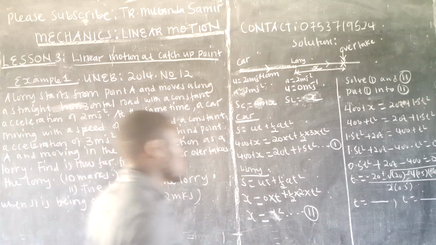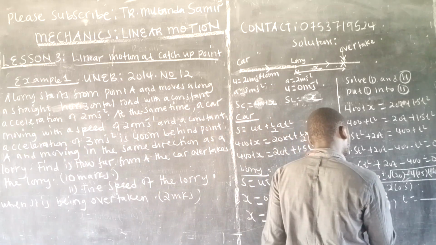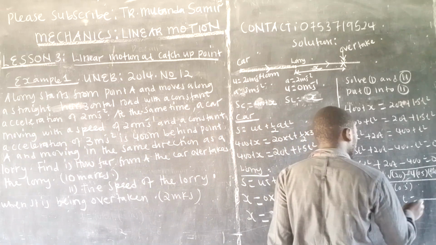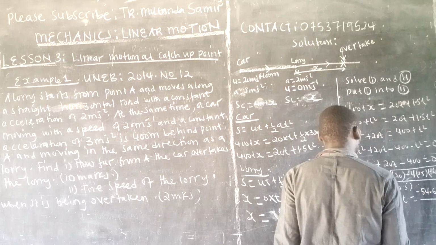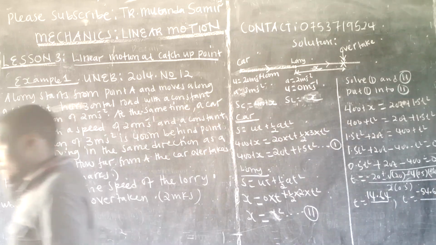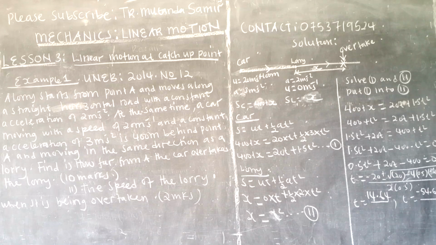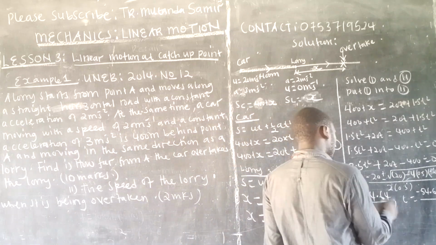So t is equal to 14.6, to 4 decimal places, then negative 54.64 and some other digits. Let me press the calculator. The first value is 14.6410. Okay, you can leave it as that.